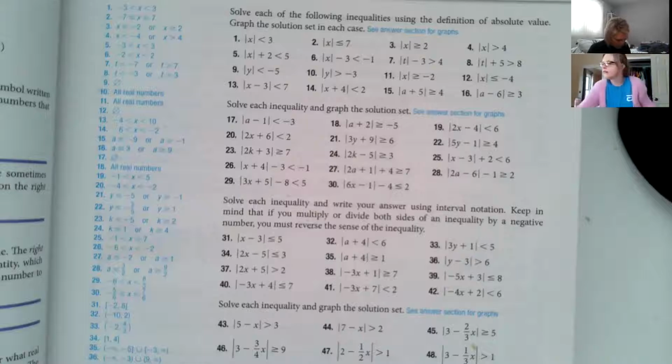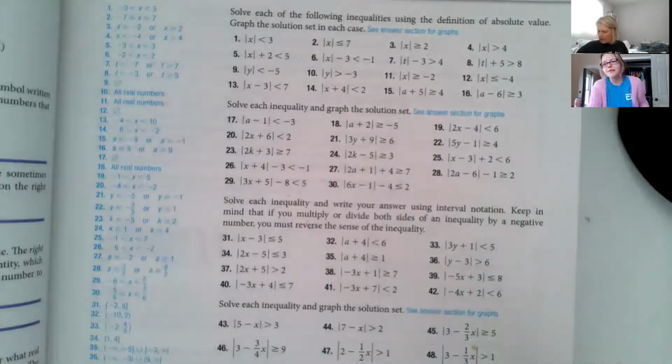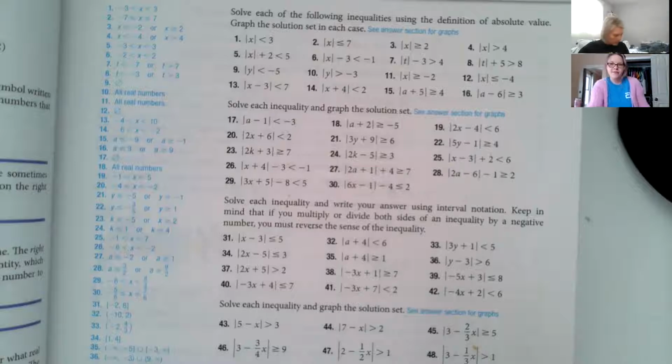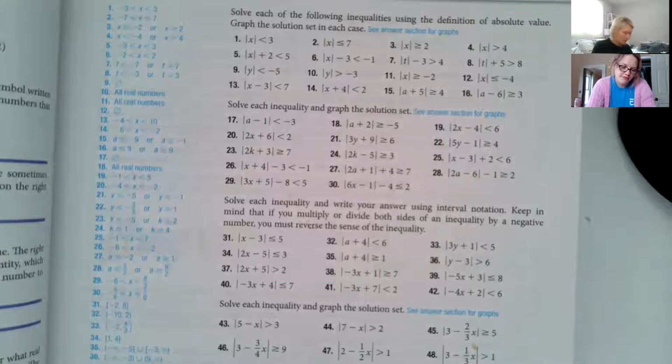Okay, how about we do 57 and 60, that'll give us some more practice. So 57 and 60 on page 179 here. So 57.